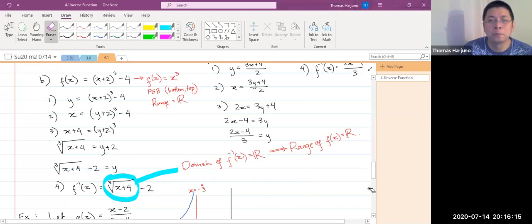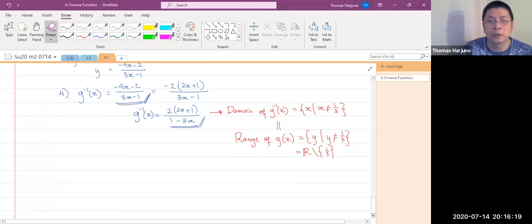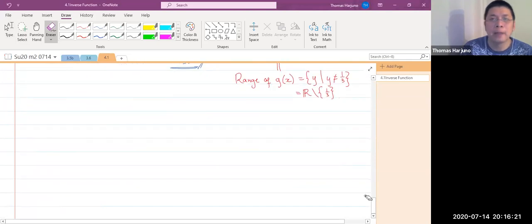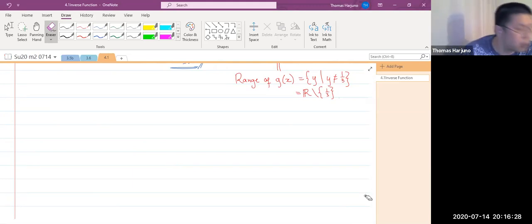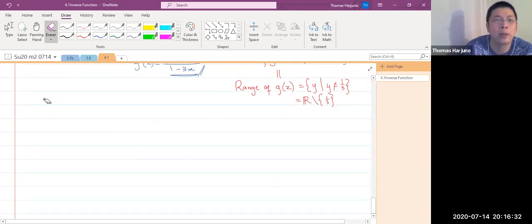Let's continue. Still continuing on this inverse function. Let's take a look at the graph. But when we do the graph here, I prefer to go back to this one first.